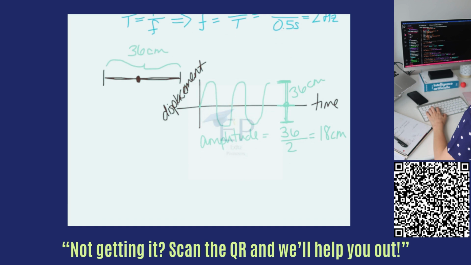And for consistency's sake with frequency and all of those values, we are going to want to convert that into meters. And so 18 centimeters is the equivalent of 0.18 meters. So that is our final amplitude.